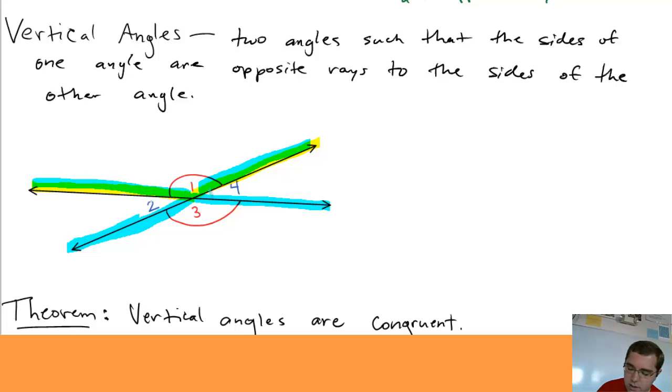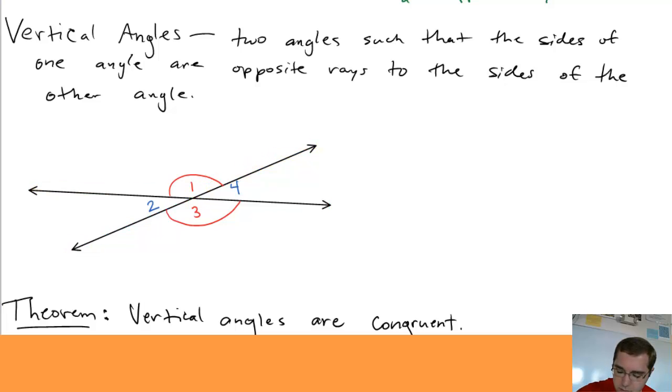This ray has this one as an opposite ray. Since their sides are opposite rays of each other, those angles are vertical angles. So angle 1 and angle 3 are vertical angles.